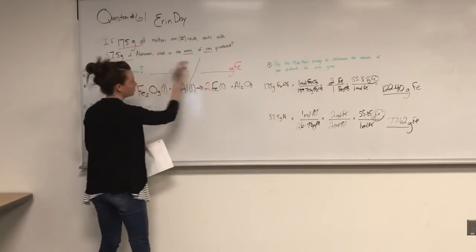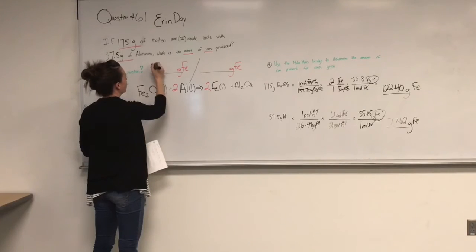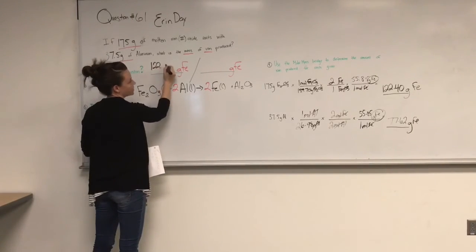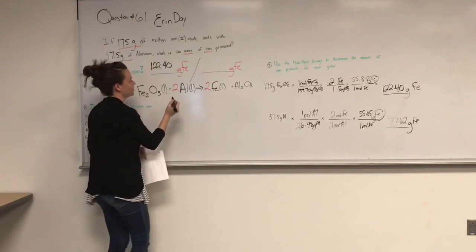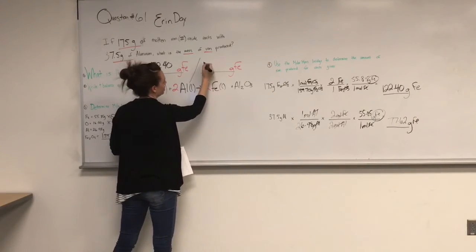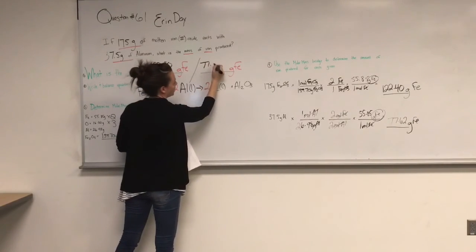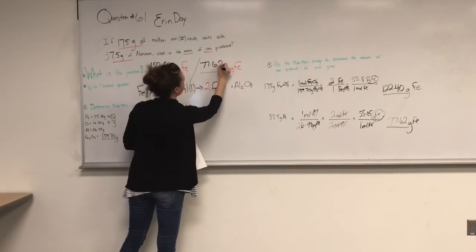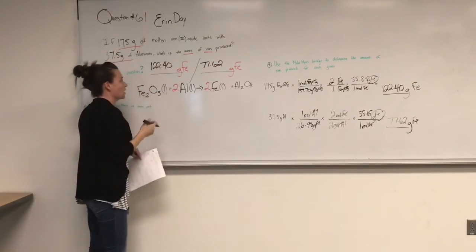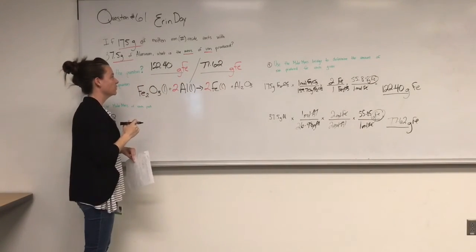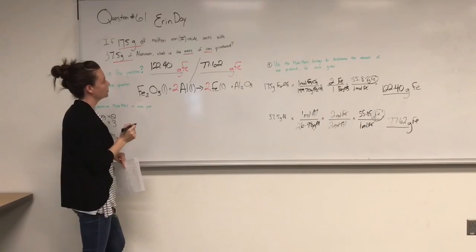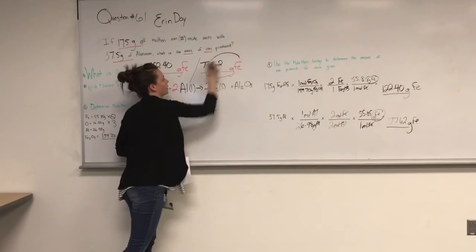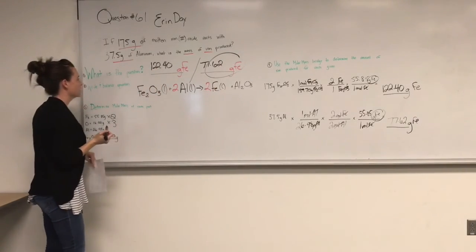So we can then go back to our original question, which was, with the given, what is the amount of iron produced, which for our first calculation gave us 122.40 grams of iron, and our second calculation gave us 77.62 grams of iron. And the way limiting reagent problems work is whichever given produces the least amount of your required answer is a limiting reagent.